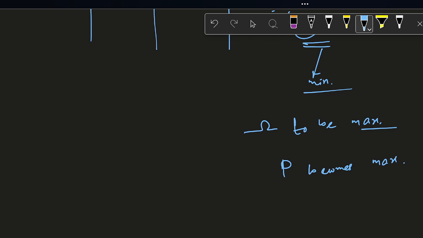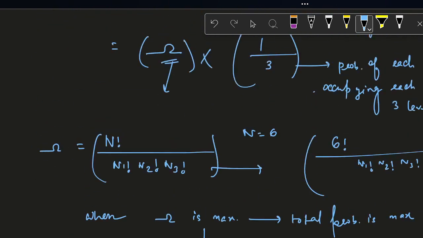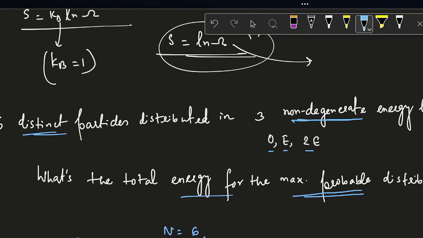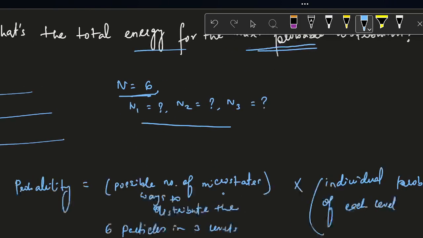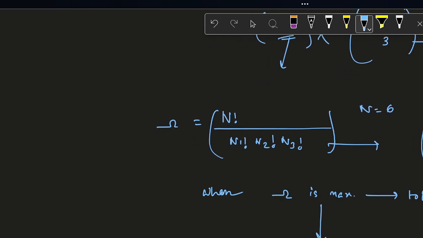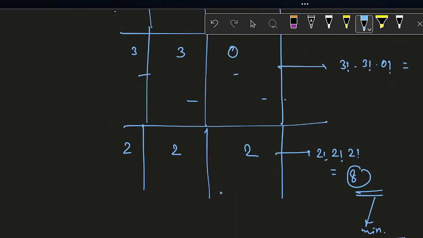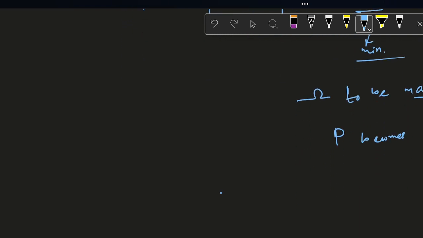Now the question you are asked is, what is the total energy for the maximum probable distribution? But that is easy, because once you know the maximum probable distribution's arrangement, or how many particles are there in level 1, how many in level 2, and the same in level 3, it is not difficult to calculate the total energy.